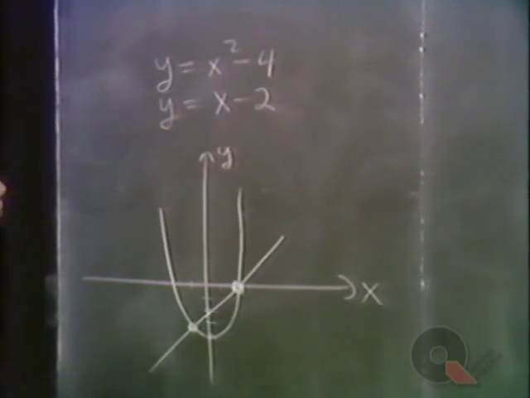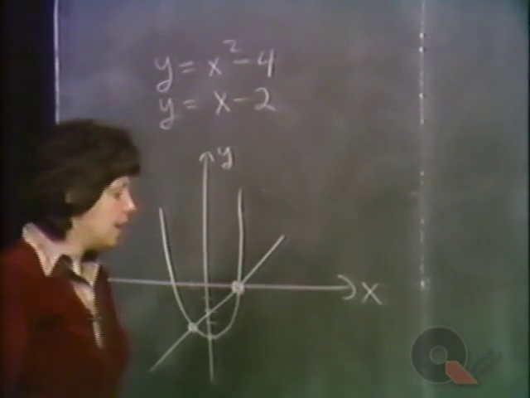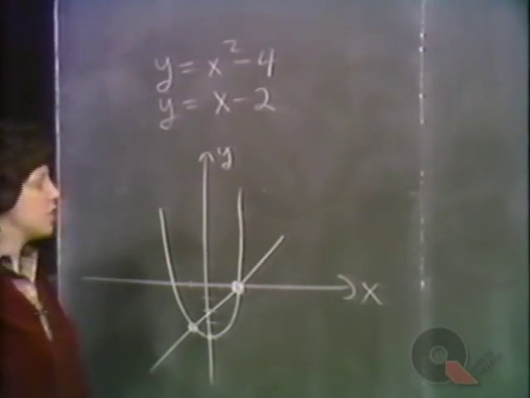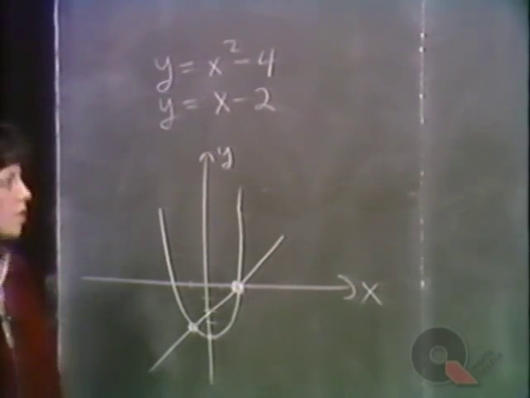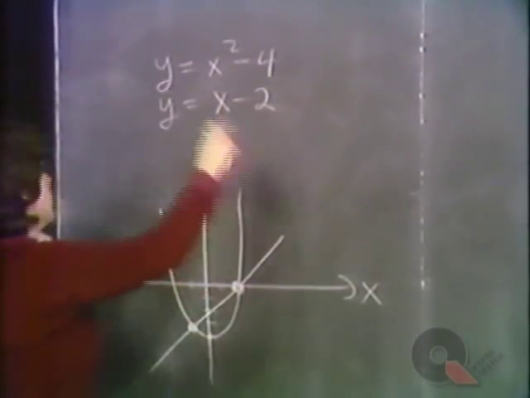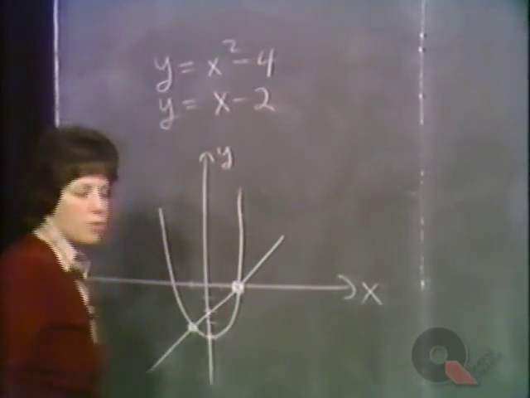Let us try now to solve these algebraically. Now, when you solved systems of linear equations, aside from the graphical method, you had 2 methods: the method of elimination and the method of substitution. The method of elimination is not suitable when you have a second-degree equation and a first-degree equation.